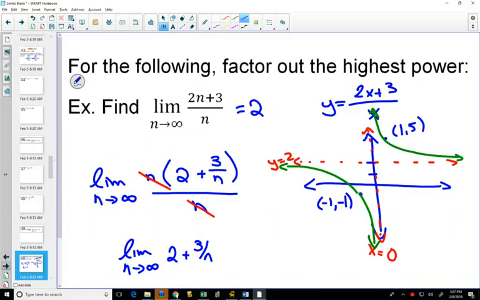What happens to the 3 over n as n gets really, really big? It goes to 0. That's sometimes easier to see. 0 plus 2. This is equal to 2 that way as well. So we have an algebraic way that we can go about finding this, and we have a graphical way that we can go about finding this.